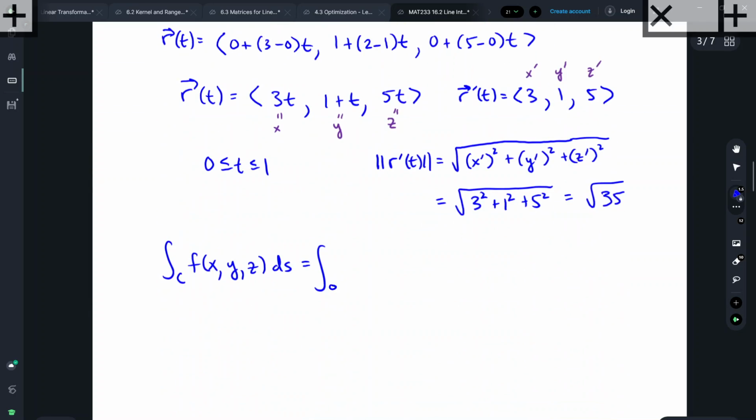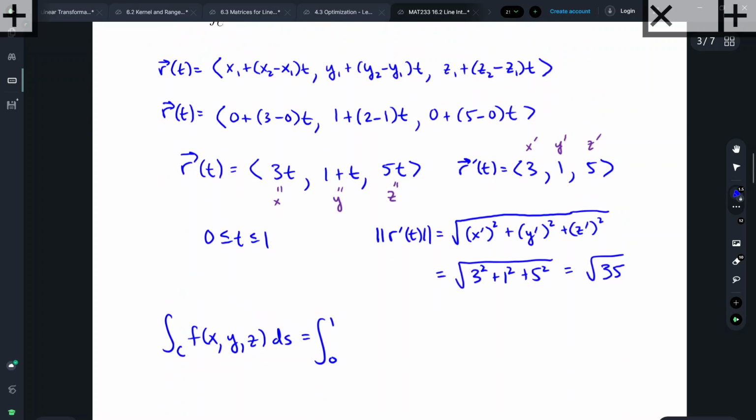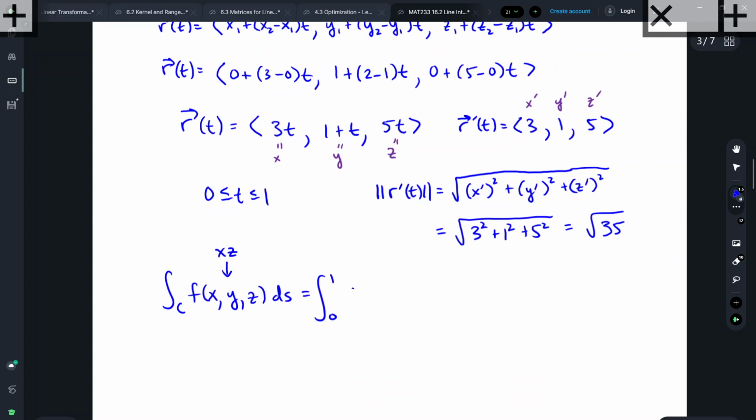So we integrate from 0 to 1, and then we have to plug in x, y, and z into the function, right? So what was the original function? The original function was xz. So what is the x component? That's 3t. It's x times z, so the z component is 5t.